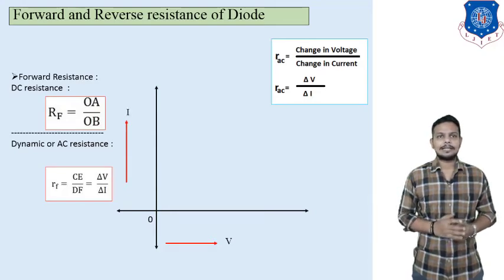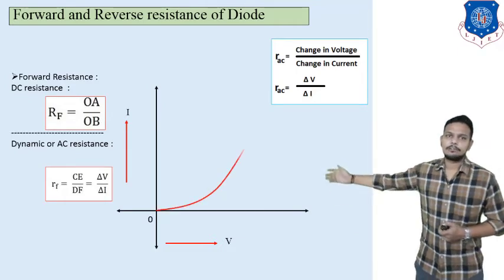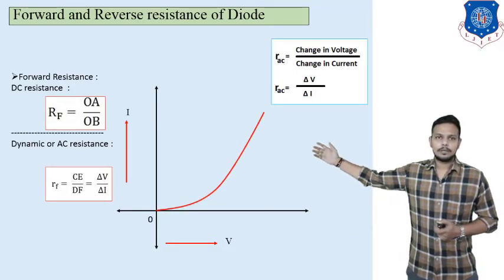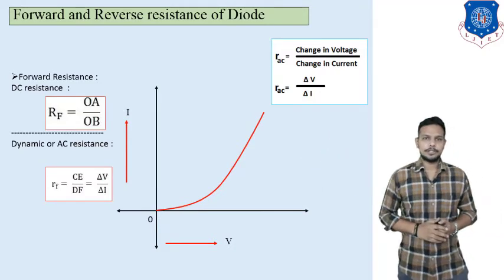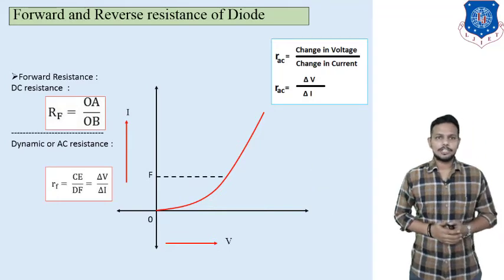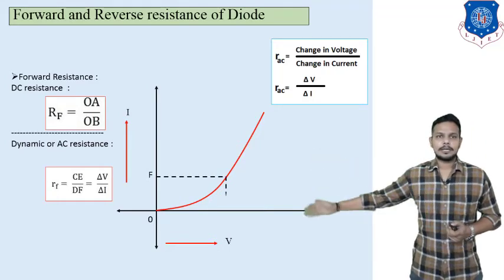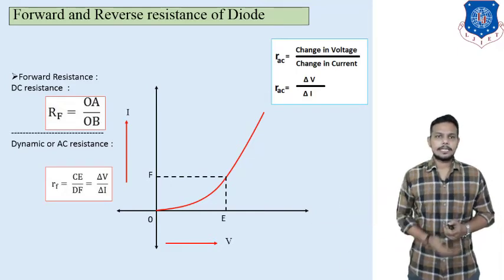So basically this is the graph of current versus voltage. As we have seen in the VI characteristics, this is the forward region. Let's mark a point on the forward region. This is the F point, and here on the x-axis this is the E point.